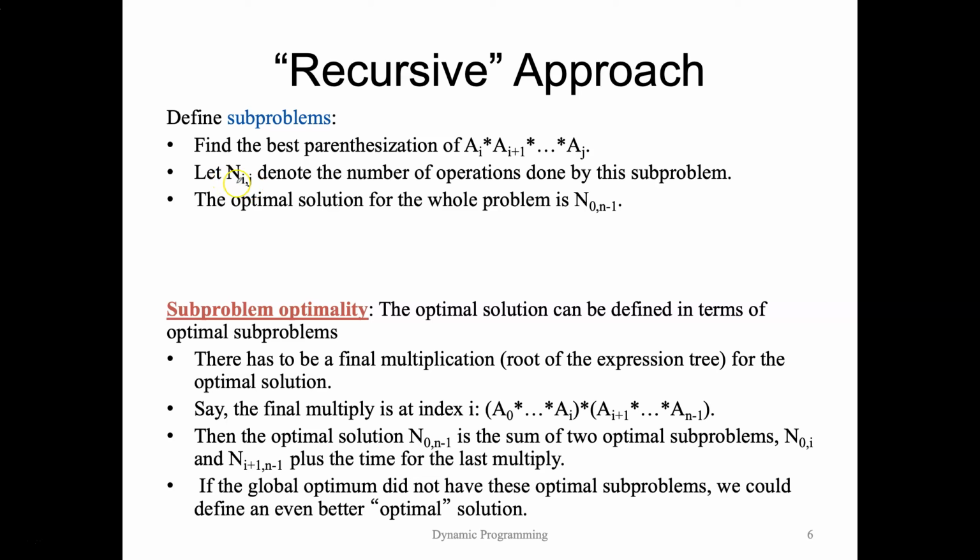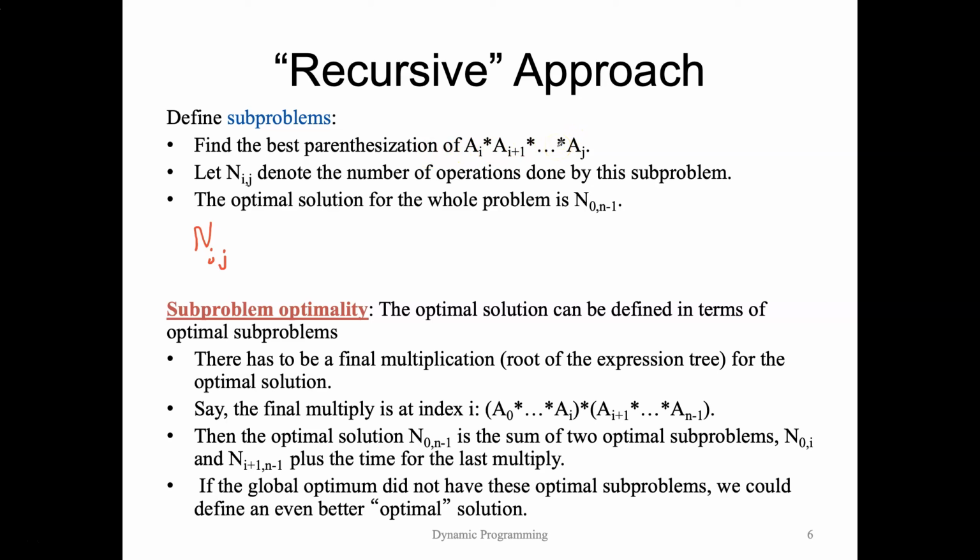So this is just a table which represents if we start at A sub i and we go all the way up until A sub j and we're taking the product of all of those elements, n at this value will give us the least number of scalar operations that it takes in order to multiply all those matrices together.